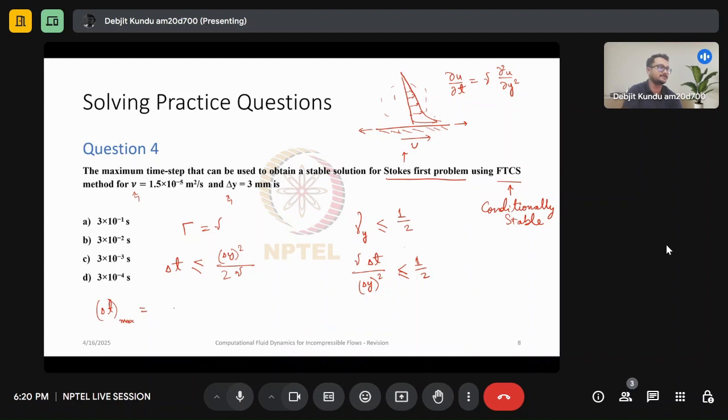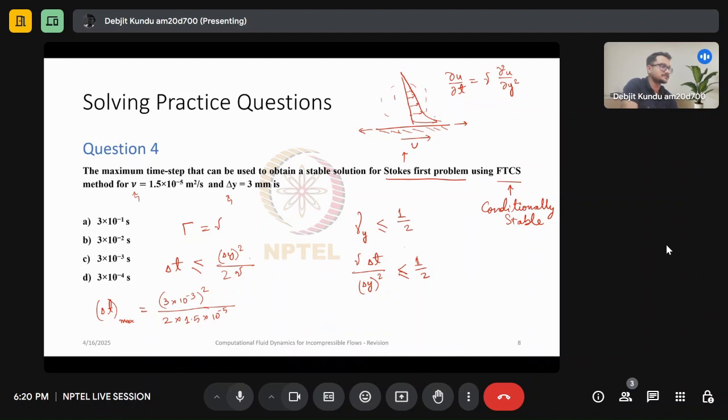So we'll plug in the numbers. So delta y is 3 millimeters. So it's 3 into 10 power minus 3 meters squared divided by 2 into nu, which is 1.5 into 10 power minus 5, and this is given in SI units, meters squared per second. So 1.5 into 10 power minus 5 is typically the viscosity for air.